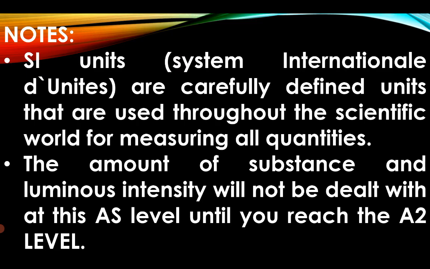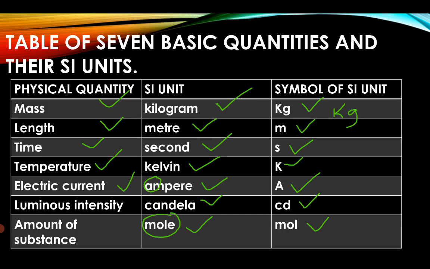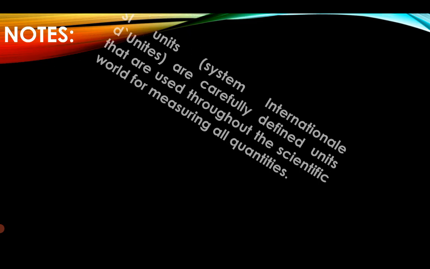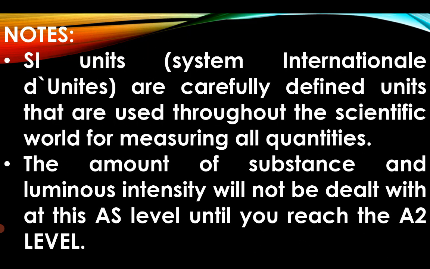So as far as physical quantities are concerned, you just deal with the first 5, the ones that we have shown in this table: mass, length, time, temperature, as well as electric current. But luminous intensity and amount of substance are not dealt with at this first half of A levels, which is the AS.